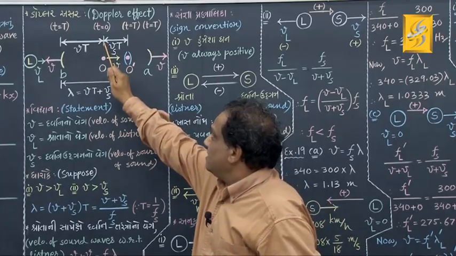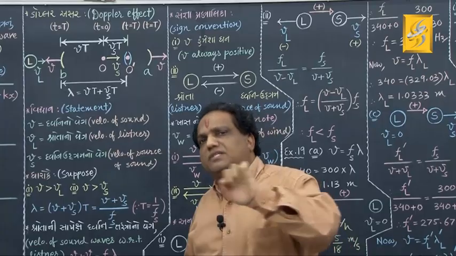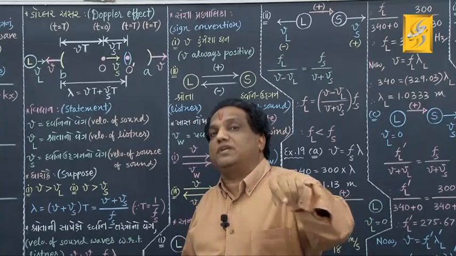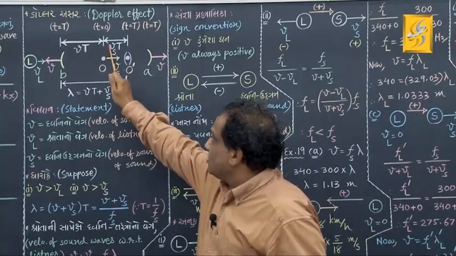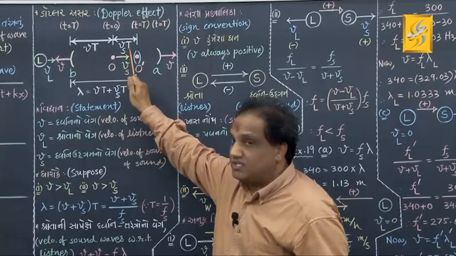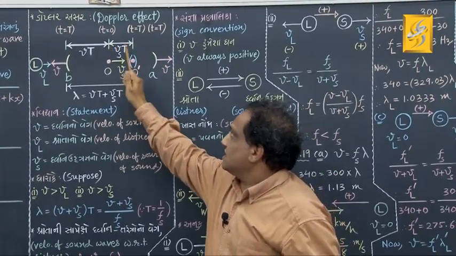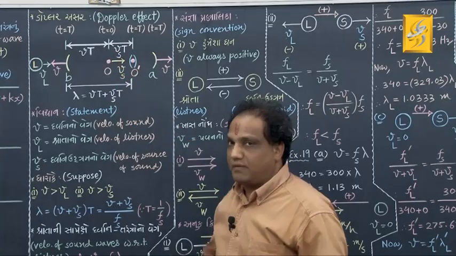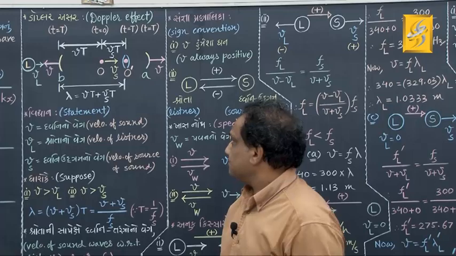Now what do you mean by distance travel? If velocity is constant, then distance travel is nothing but constant velocity into time. Constant velocity of source I am taking Vs, and into time interval which we have taken into consideration is capital T. So this distance is Vs into T.